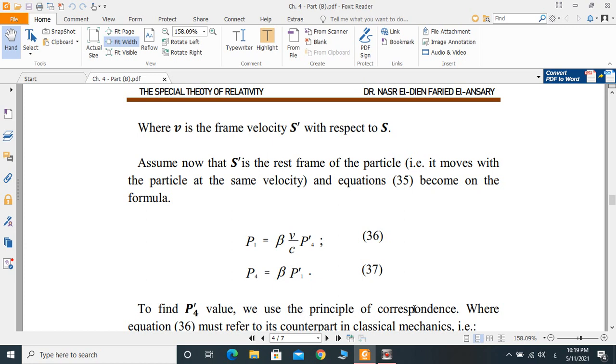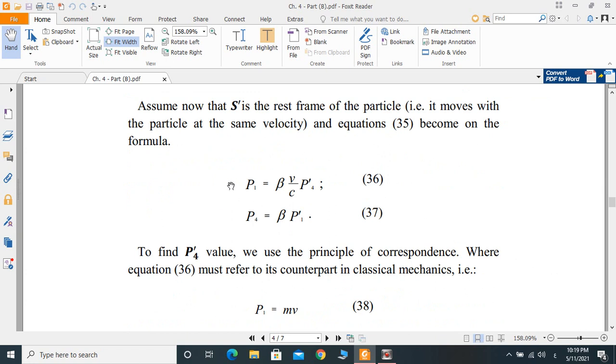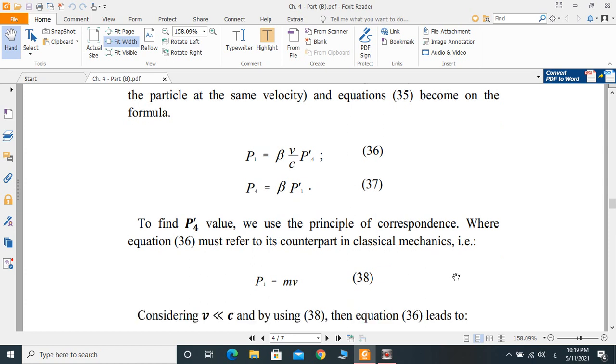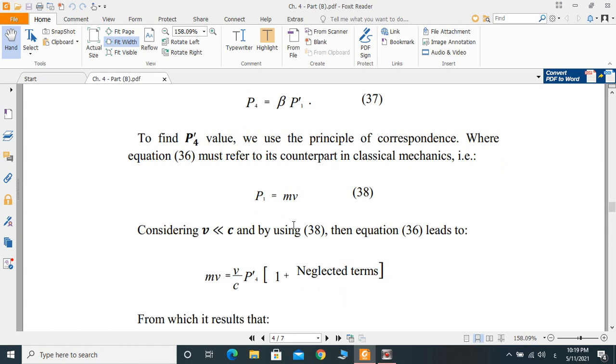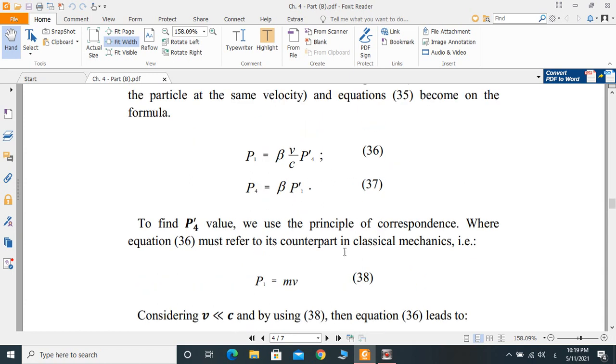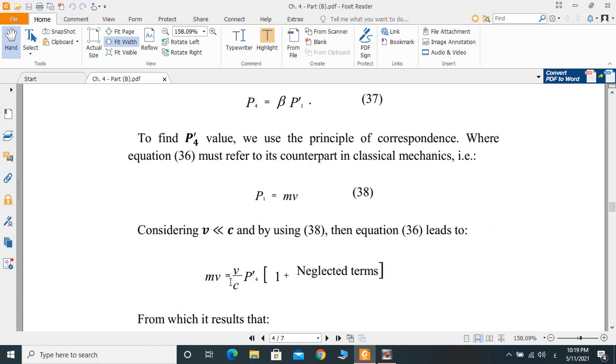The principle of correspondence means that equation 36 in the case of classical mechanics must be p1 equals mv, and the other side of 36 can be written as mv equals v divided by c p dash 4, and the beta in the classical case must be written as 1 plus neglected terms.